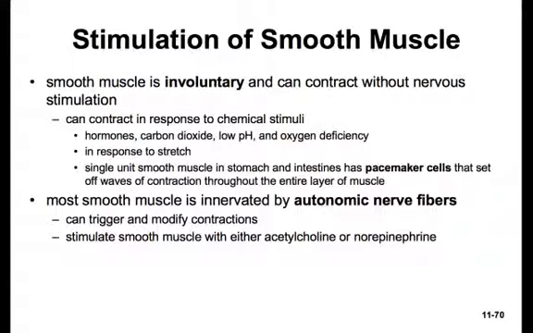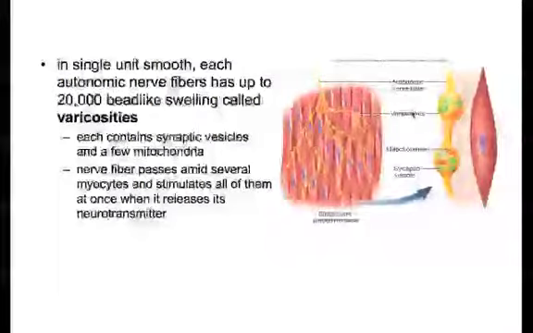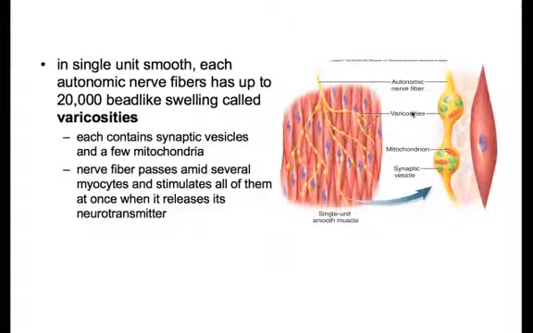Smooth muscle is innervated by autonomic nerve fibers. These can trigger and modify the contractions that are endogenous to the muscle tissue itself. They stimulate the smooth muscle with either acetylcholine or norepinephrine, depending on the function of that muscle. In single unit smooth muscle, each autonomic fiber has up to 20,000 bead-like swellings on it called varicosities.